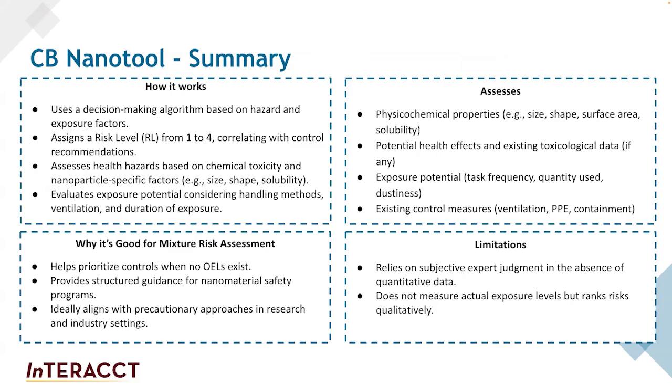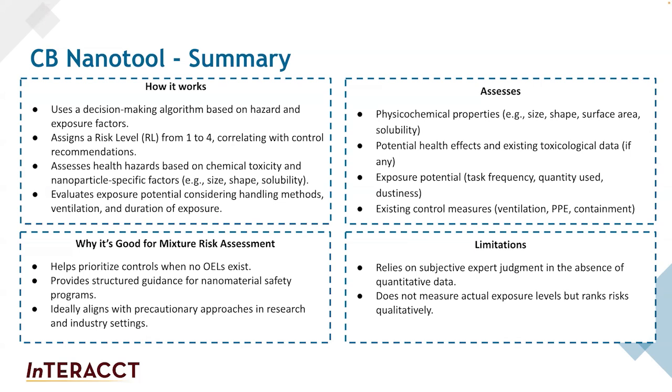Here, we summarize the key points about the CB Nano tool. In terms of how it works, the tool uses a decision-making algorithm based on hazard and exposure factors. The tool assesses physiochemical properties, potential health effects, exposure potential, and any existing control measures.